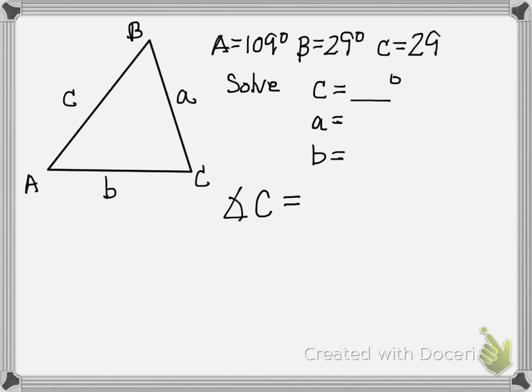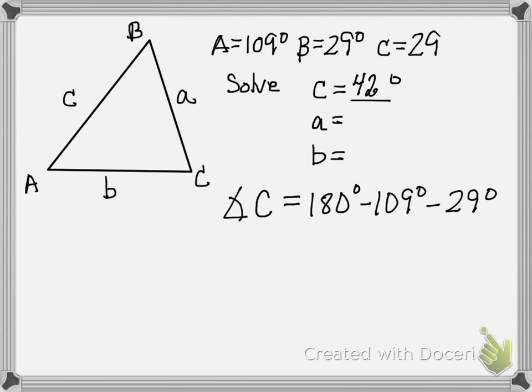Here we're going to stick to degrees, no radians, when we are solving triangles. And then angle C is equal to 180 degrees minus 109 degrees minus 29 degrees, and we get 42 degrees. That's simple enough.